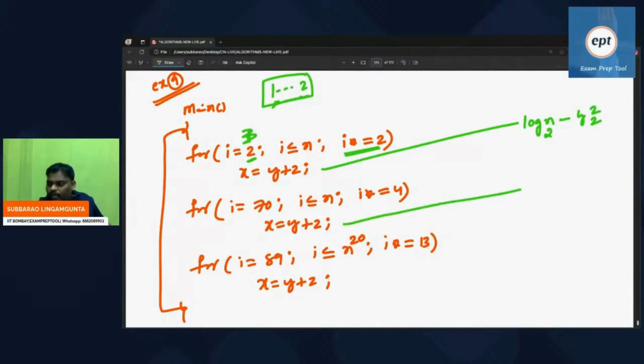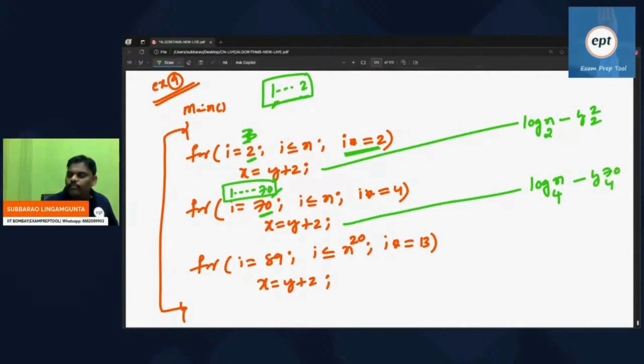If you always multiply by 4, everyone listen, if you always multiply by 4, it is log n base 4, that is okay. But remember, if you start from 1, it is log n base 4, but because you started from 70, 1 to 70 you missed out. The larger number is 70, so if you want, you can do log 70 base 4, because some terms you missed out.